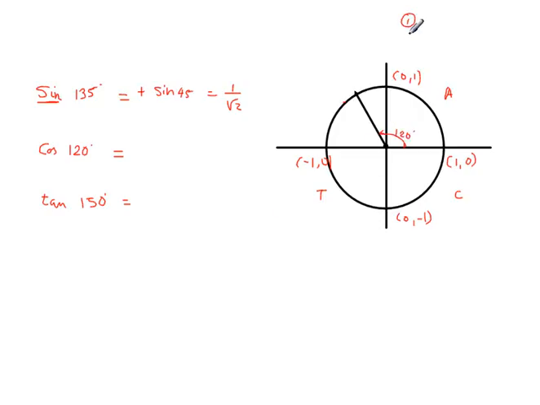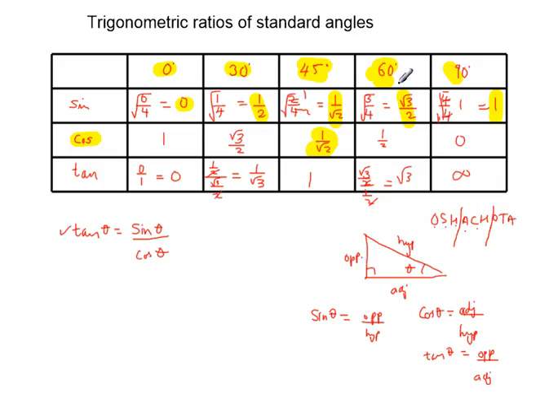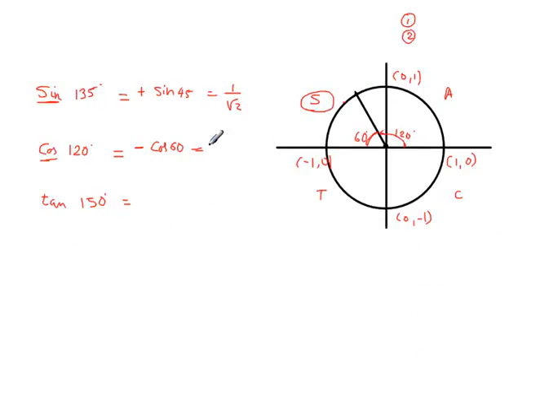Step 1, draw the arm. Step 2, get the acute angle with the x-axis. The acute angle with the x-axis is 60. So this will be same as cos 60. All Silver Teacups, only sine is positive, being cos, this will be negative. Referring back to the table, cos of 60 is half, hence the answer becomes minus half.